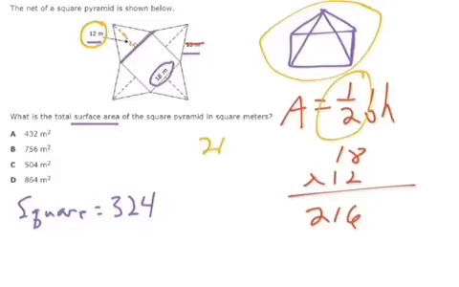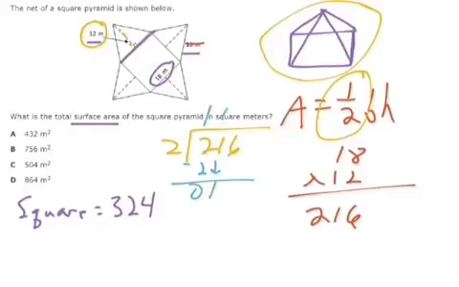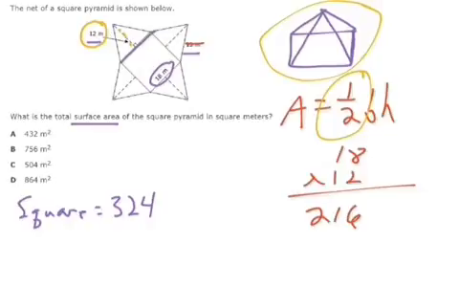So 216 divided by 2 should be 108. Could have done it mentally, a lot of you could have, but just real quick. So the area for each one of these triangles is 108.